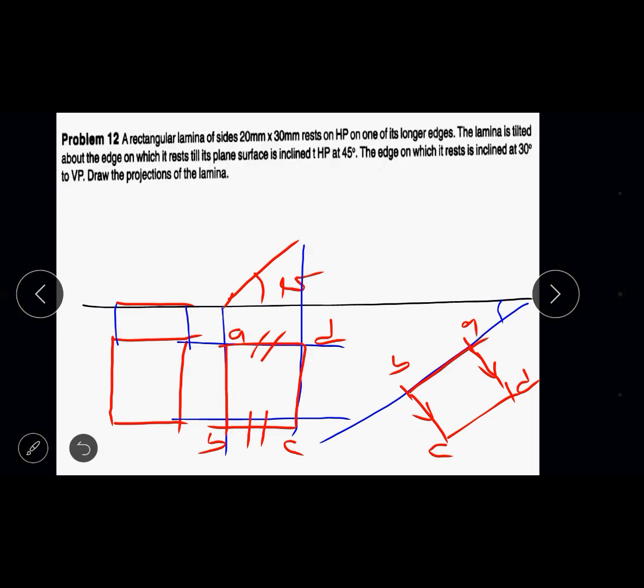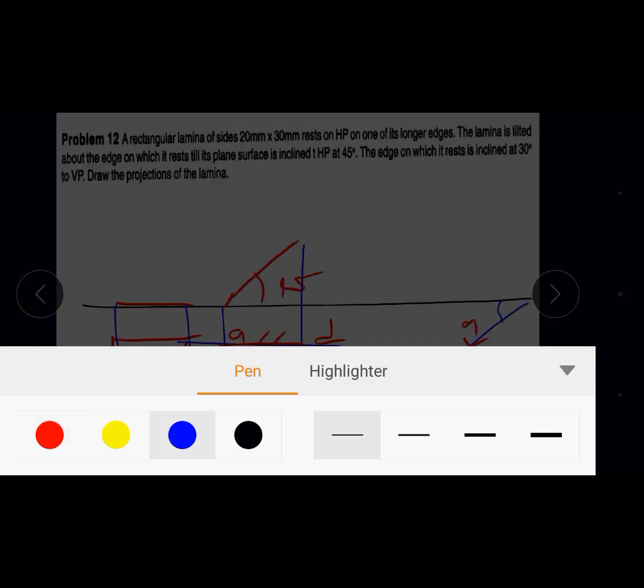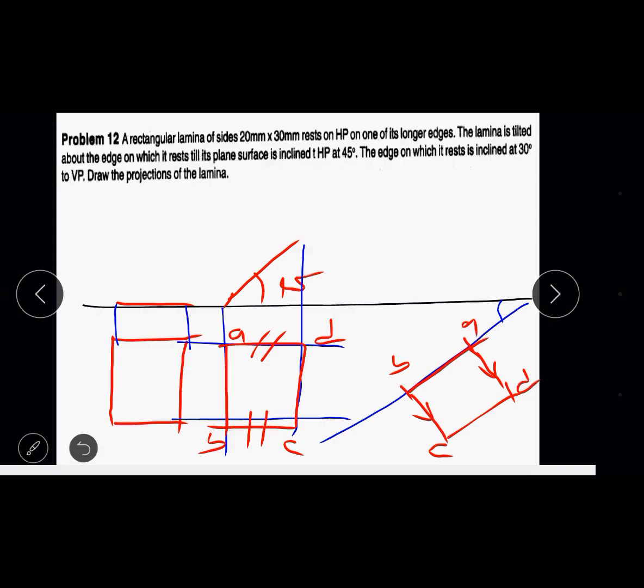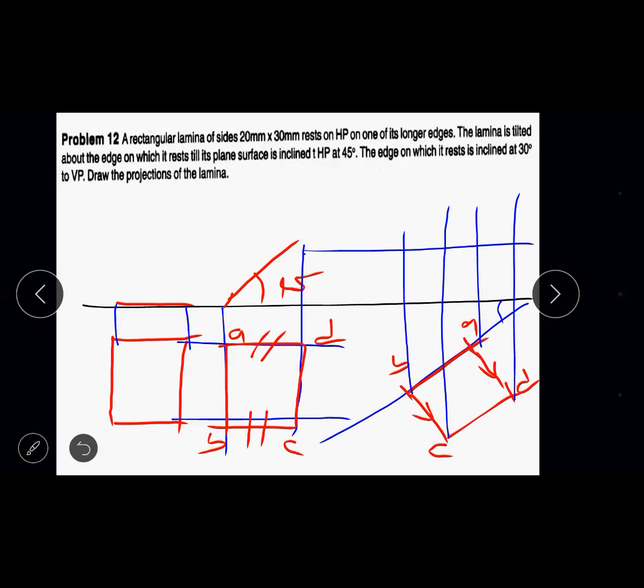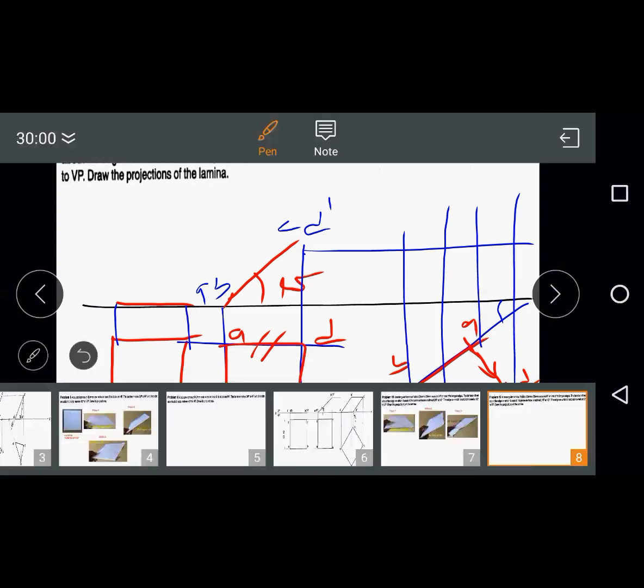Then next, to get the final front view, draw the projection lines from A, B, D, and then C. These are the projection lines we have drawn. In these projection lines, on the left hand side of the front view you find A and B, and on the right hand side you find C and D. Here you find C dash and D dash, and A dash and B dash.